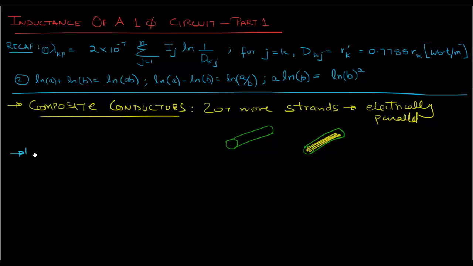So we're going to consider a single phase composite circuit, and the reason we're doing that is because this is a general case. The equation we get for this is going to be a generic equation that we can use for various different applications. Once we derive this, I'm going to have another video where I solve the case of a solid conductor.